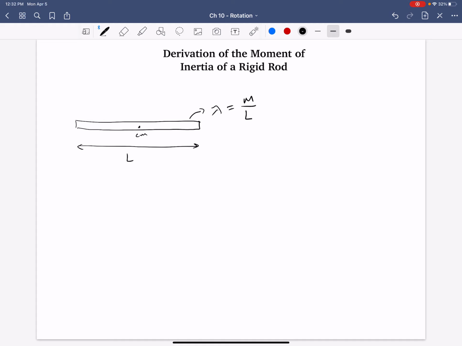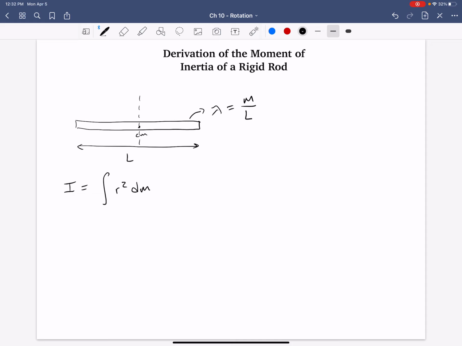So let's calculate the moment of inertia if this rod were rotated about this axis along the center of mass. Okay. So I, remember, has the expression of mr squared. Well, we can now integrate r squared throughout all of the masses.